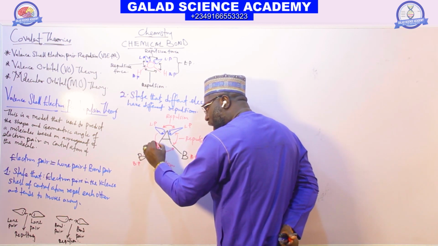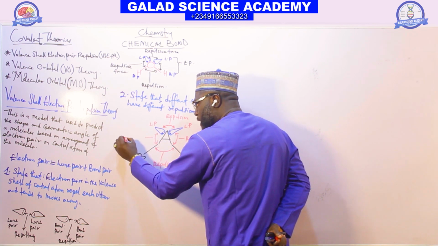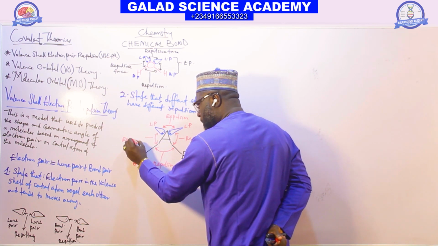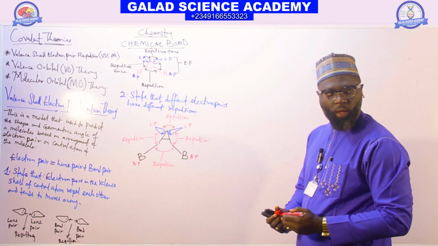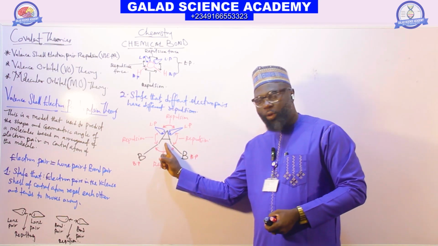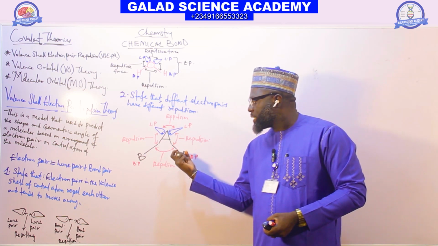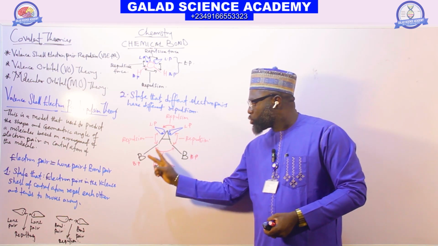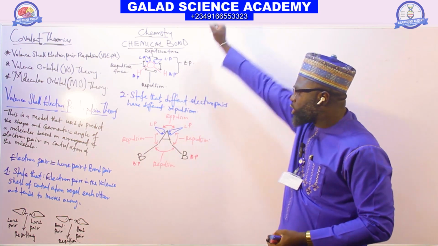Here too, we have another repulsion. So in this central atom A, how many do we have? Two bond pairs and two lone pairs.